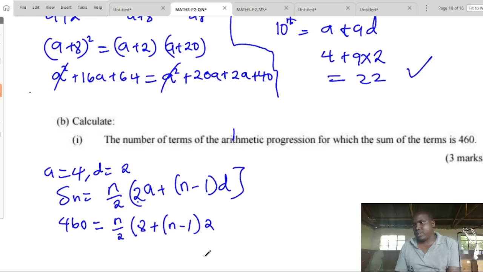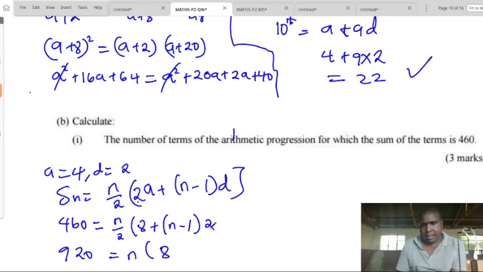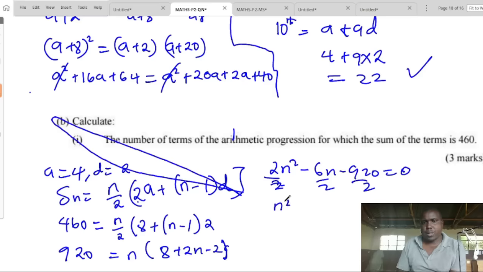We have this one. So we can now remove this 2 here by multiplying both sides times 2. So we will have 920 is equal to n into 8 plus 2n minus 2. This times this is 2n squared. So n squared minus 3n minus 460 is equal to 0.